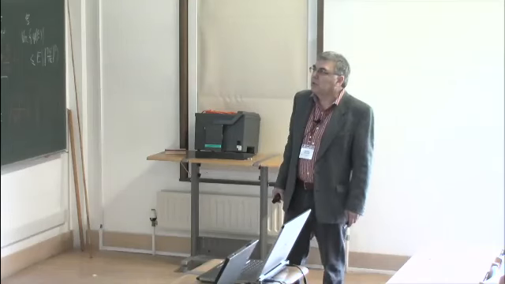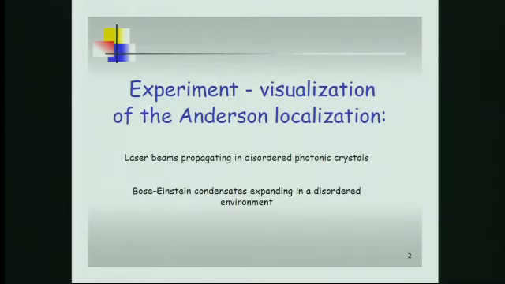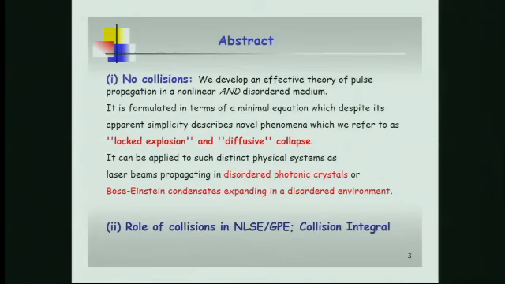So what we did is we studied a classical equation which is supposed to describe these two systems, the non-linear Schrödinger equation and Gross-Pitaevskii. And for this classical equation, we developed an effective theory of a pulse which is propagating in a non-linear and disordered medium.